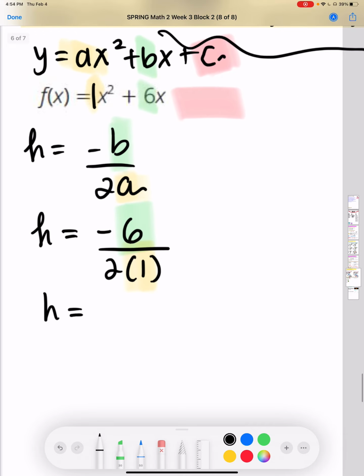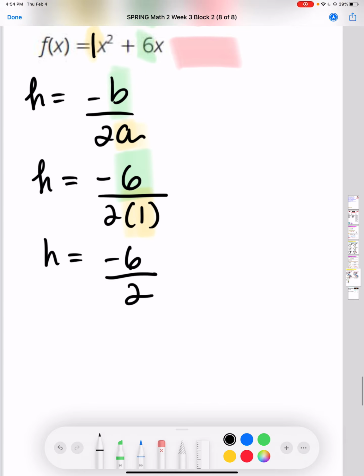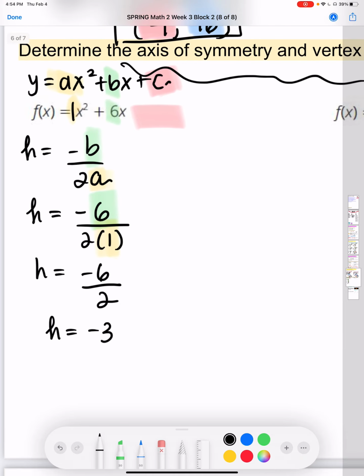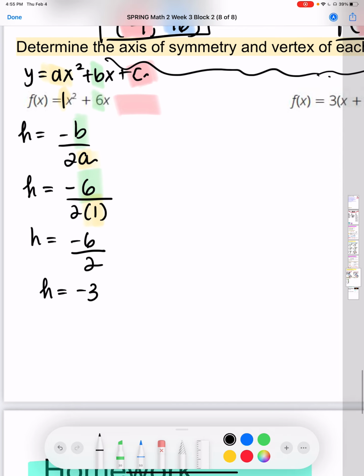Now I have h equals negative 6 over 2 times 1, which is 2, and then I divide that. h equals negative 6 divided by 2 is negative 3. That's my x coordinate for my vertex, which is technically my axis of symmetry. So my axis of symmetry is x equals negative 3.